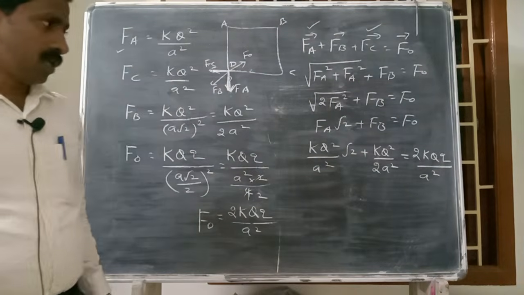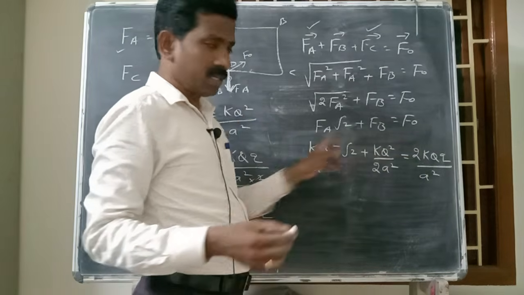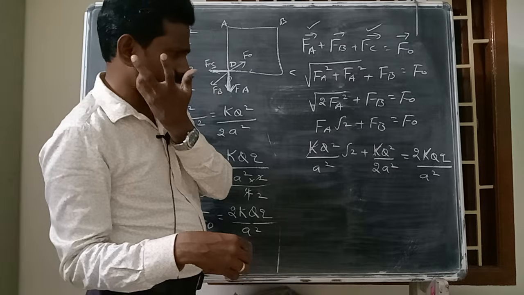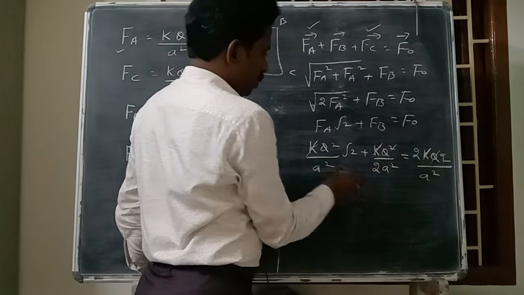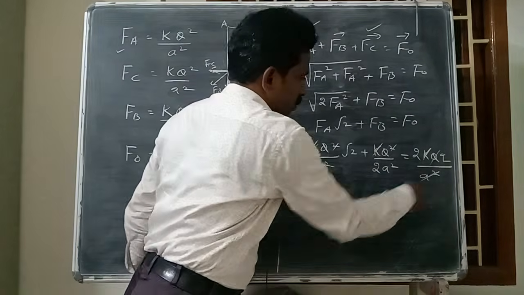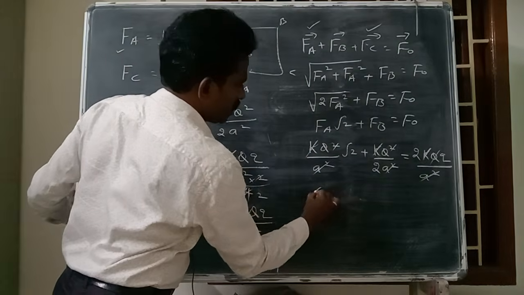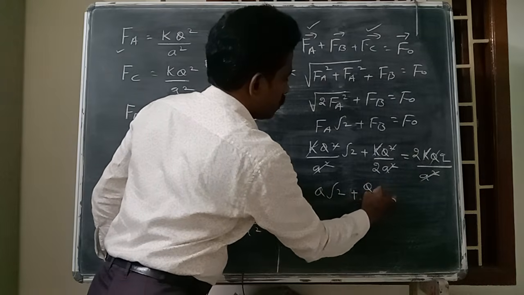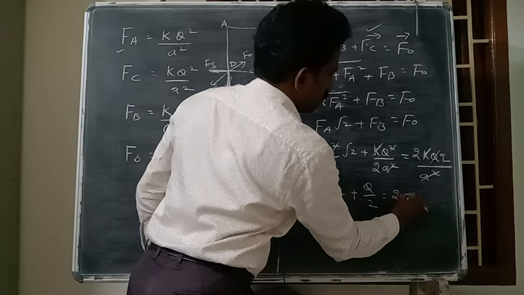Now see, in all the terms k is there, so we can cancel k. Then one Q here and one Q there, we can cancel. In the denominator, a squared is in all the terms, so we can cancel a squared. Remaining things: Q into root 2 plus Q by 2 equal to 2 into small q.